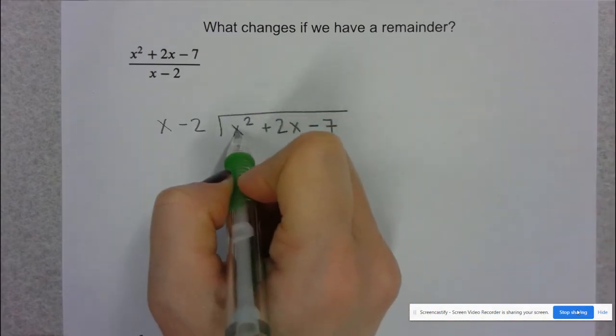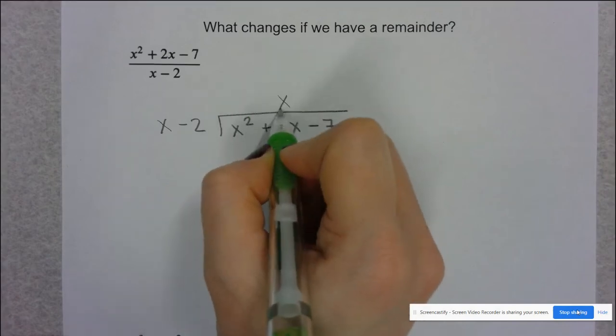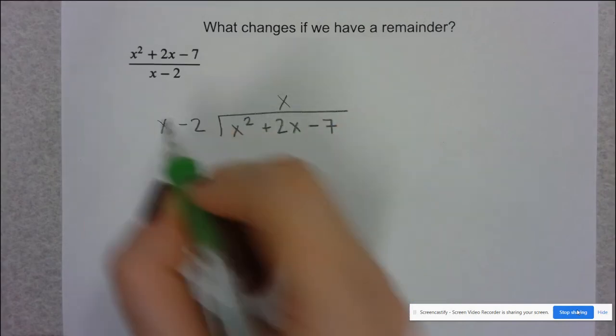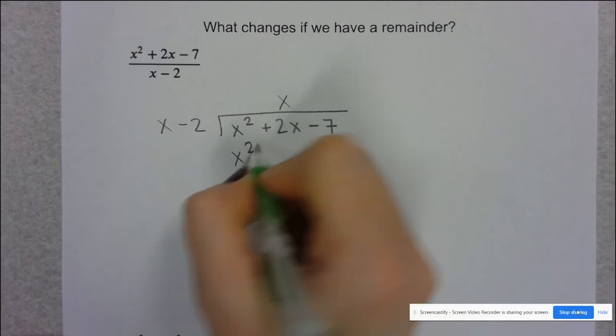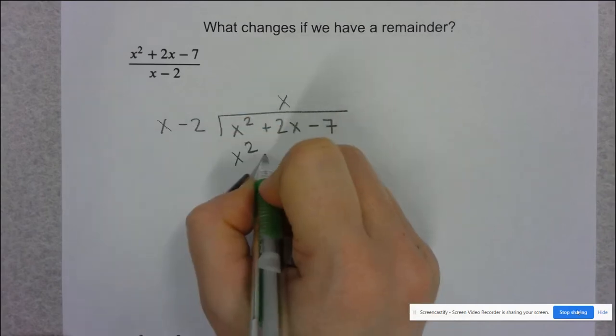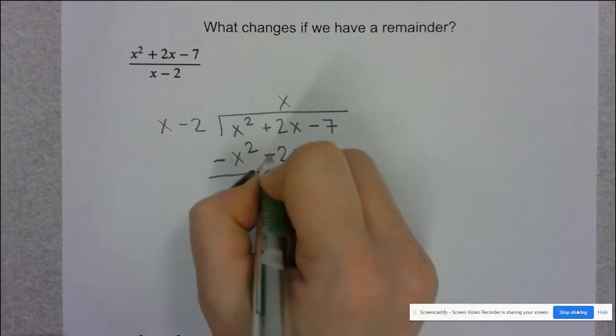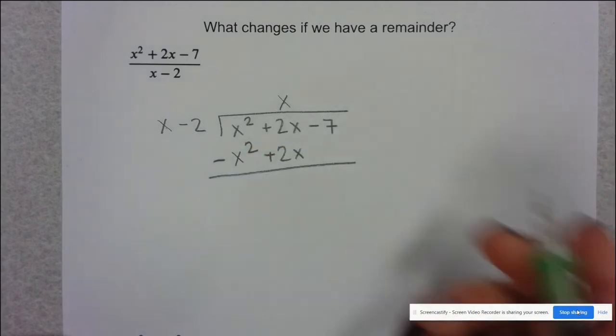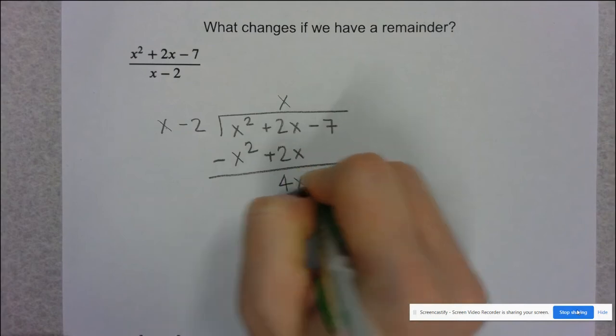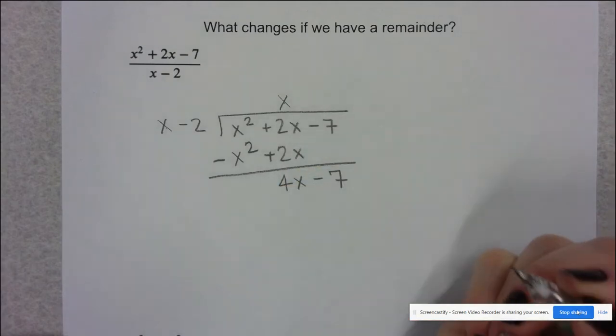So x into x squared, I need an x. So x times x gives me x squared. X times negative 2 gives me negative 2x. I'm subtracting these, so I'm doing the opposite sign. This gives me 4x minus 7.